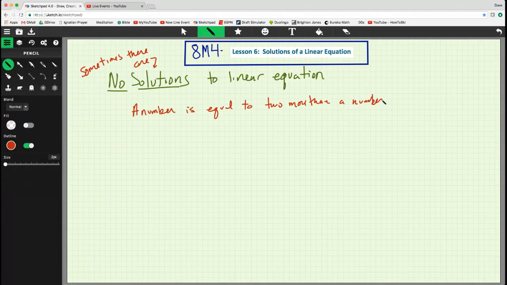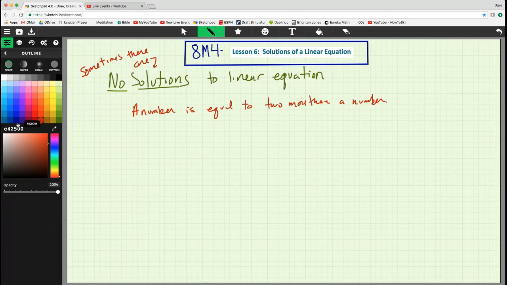Now this should send off some warning bells for some of you. Now watch why that should be true. So is equal to. So we know what is equal to, and that's an equal sign. So this is a math sentence that we can convert into algebra, just like we've been doing.